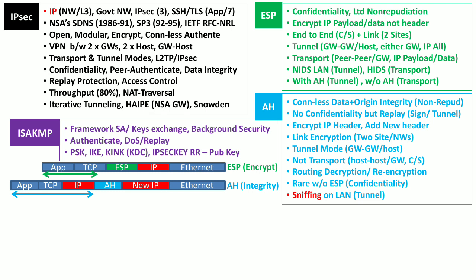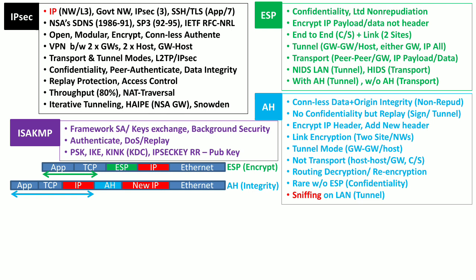So ISAKMP is a framework, and actual key exchanges can be pre-shared, or it can be through Internet Key Exchange, or it can be through Kerberized Internet Negotiation of Keys, where we use a third party or KDC, or key distribution center, for distribution of keys between two endpoints.